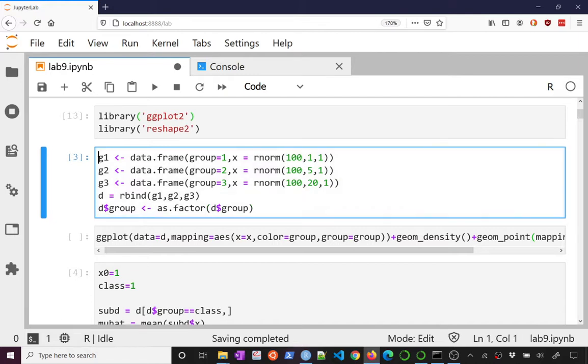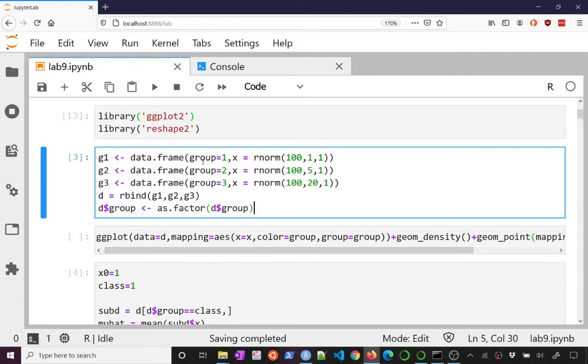We'll generate a data frame with 3 groups, group 1, group 2, and group 3, sampling from 3 normal distributions that all have variances of 1, but group 1 has mean 1, group 2 has mean 5, and group 3 has mean 20. We get 100 points from each, generate these 3 sets, and bind them together. And we make our grouping variable a factor.